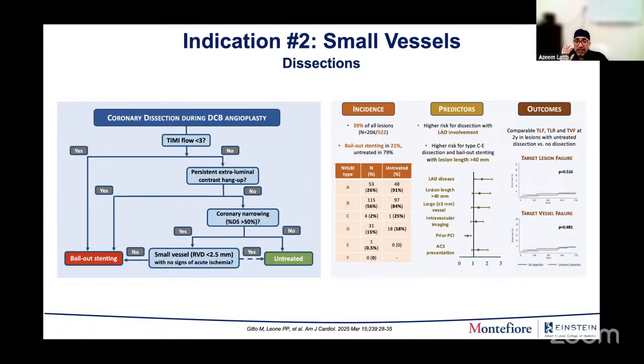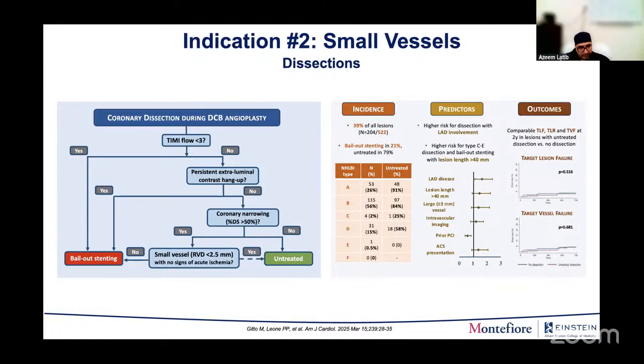Your data is different to what my impression has been, which is interesting. I'm learning something here. You actually say in the predictors, in the data you published, that there's a higher risk for LAD. When you say high risk for dissection, or do you mean a high risk for vessel closure? This is for dissection, and I think the reason is that the LADs we included were very tortuous.